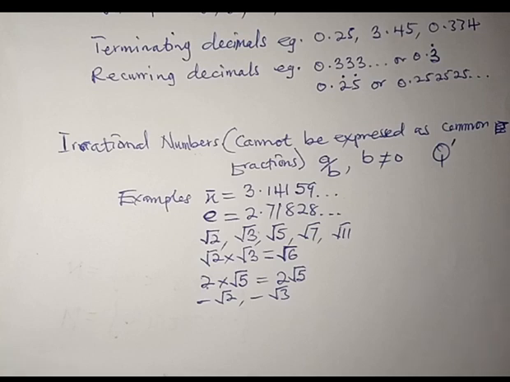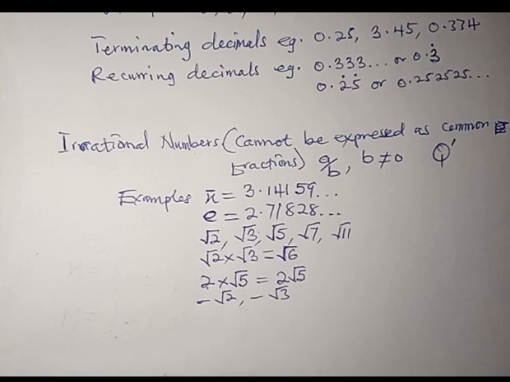I would like us to end today's lesson. Today we have been able to look at these numbers. We have talked about whole numbers, natural numbers, and the set of integers. We have also talked about the set of rational numbers. We have given examples.